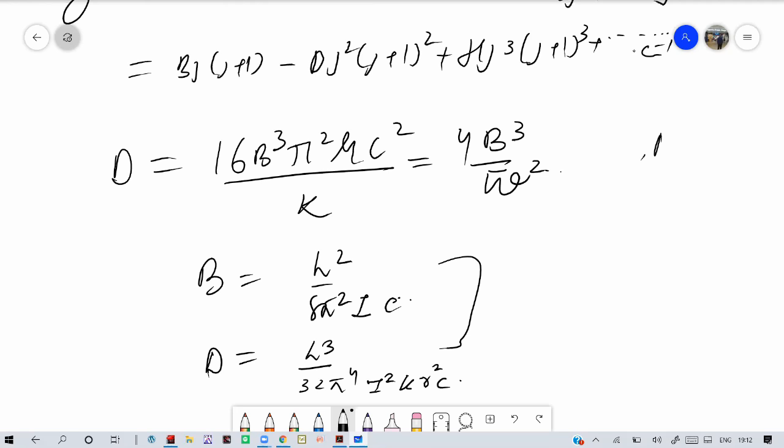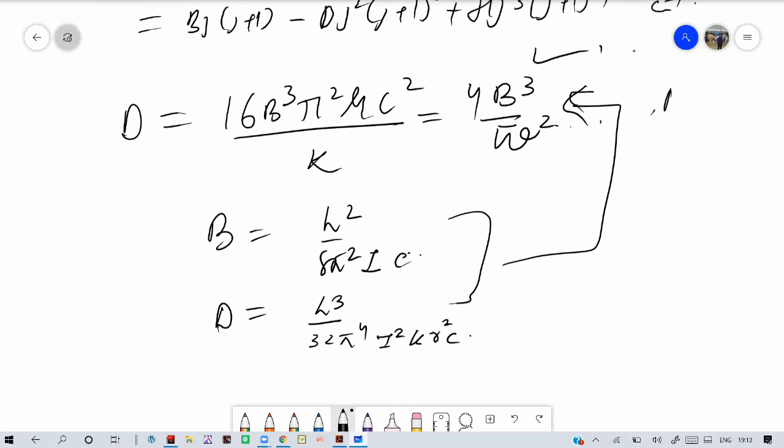So using these two you can find out this equation. Just do it and let me know if there is any problem.